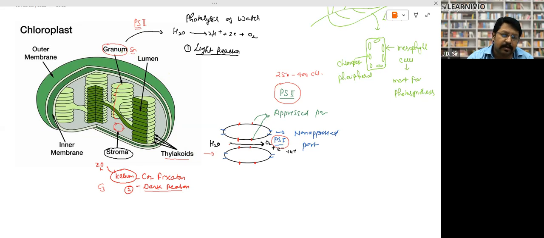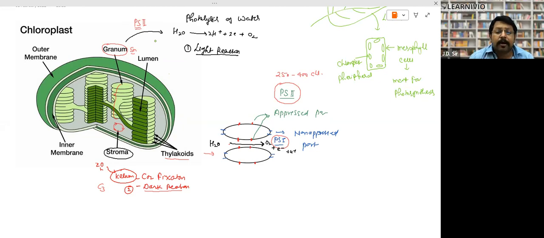On the surface of grana, there are certain photopigments, meaning chlorophyll molecules. And in the granum, the water breakdown takes place, and this is called photolysis. Please try to understand what I am saying. In the granum part, photolysis of water takes place.